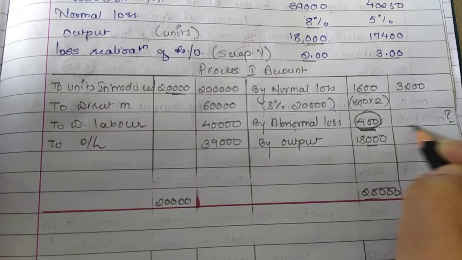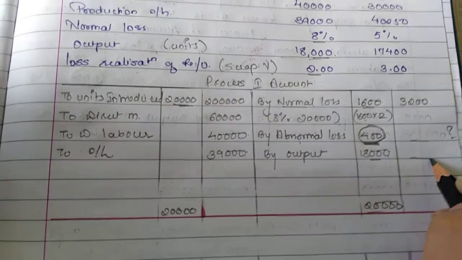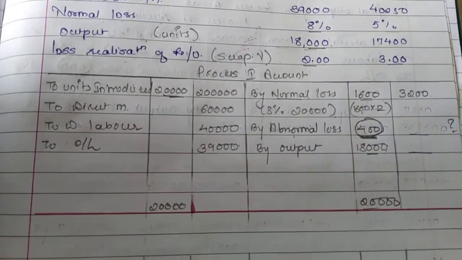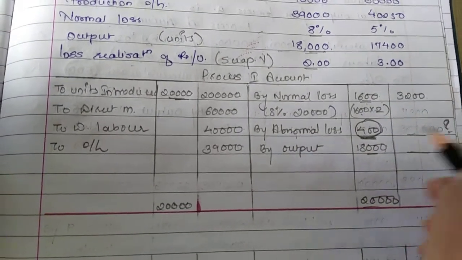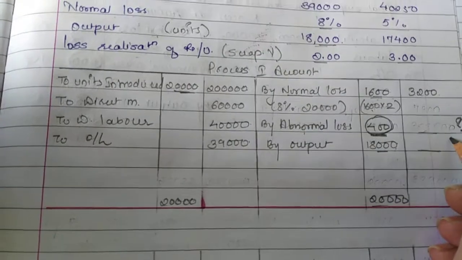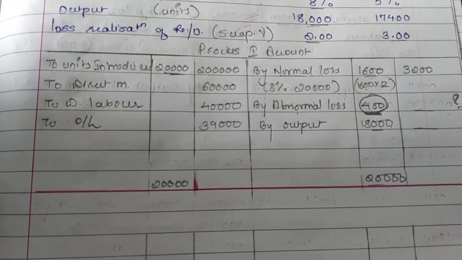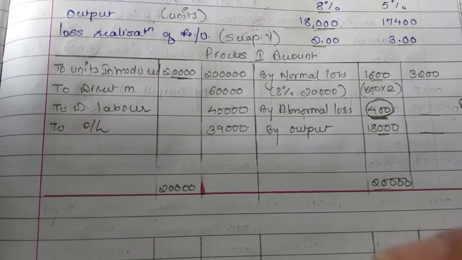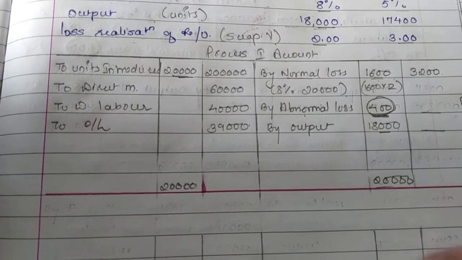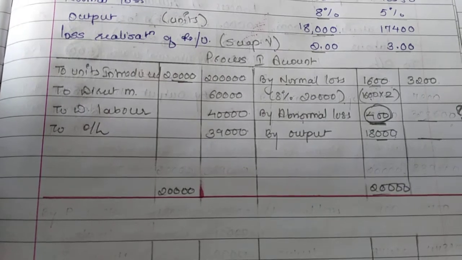I need to find this amount so that I can find the difference between both the sides of my process 1 account. Now to find the amount of abnormal loss, I need to follow one formula. Always remember, you can use this formula for finding your rate per unit of abnormal loss, for abnormal gain, abnormal effective and for cost per unit.